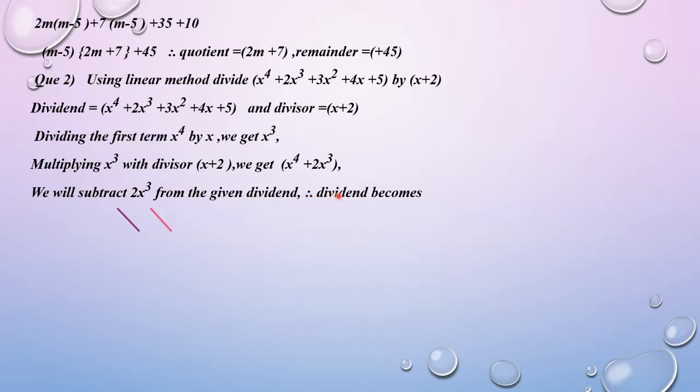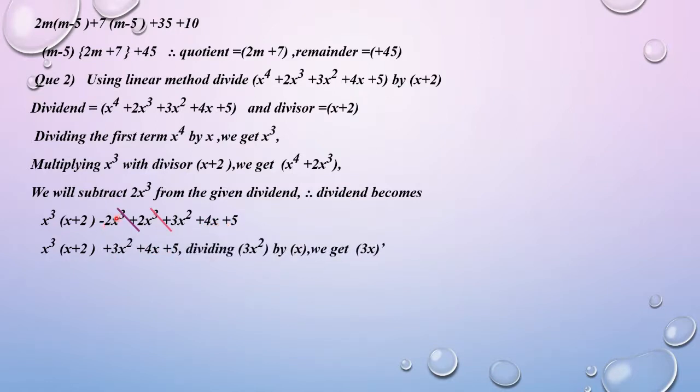Therefore, our dividend becomes x^3 multiplied by (x + 2) - 2x^3 + 2x^3 + 3x^2 + 4x + 5. Now -2x^3 and +2x^3 will be cancelled. We will get the remaining as x^3 multiplied by (x + 2) + 3x^2 + 4x + 5.